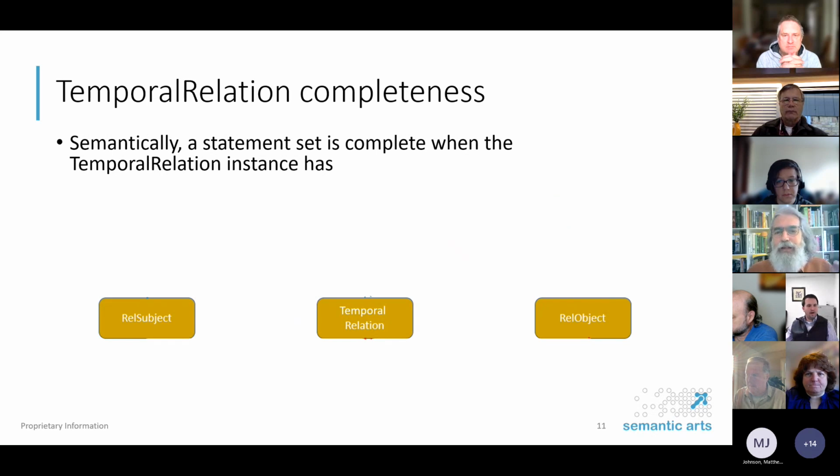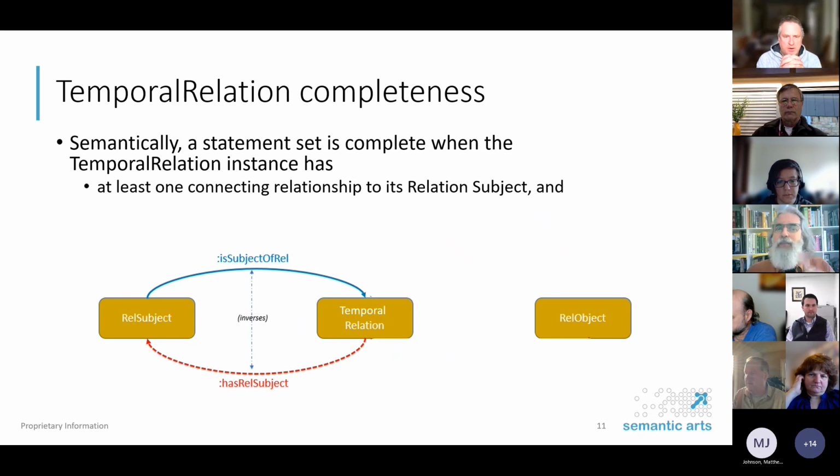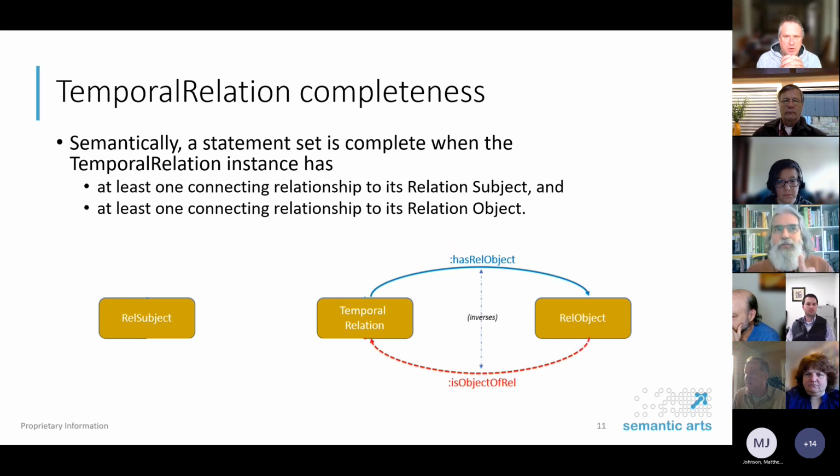And what I mean by that is that semantically speaking, a statement involving a temporal relation is complete when that temporal relation instance has at least one connecting relationship to its relation subject and at least one connecting relationship to its relation object.